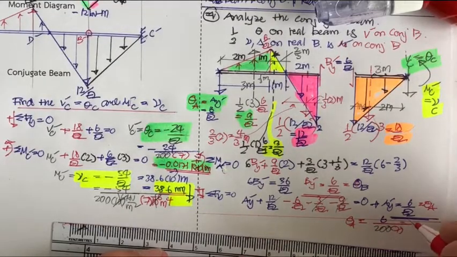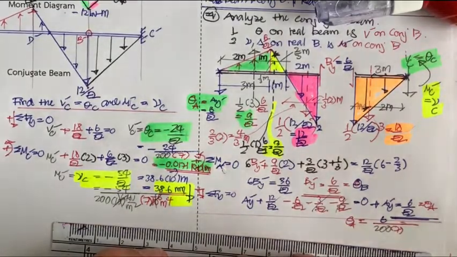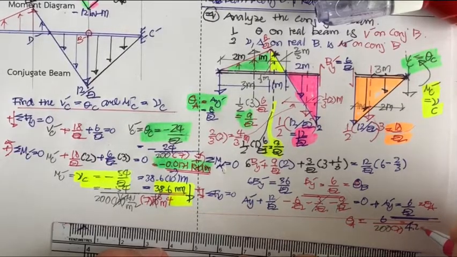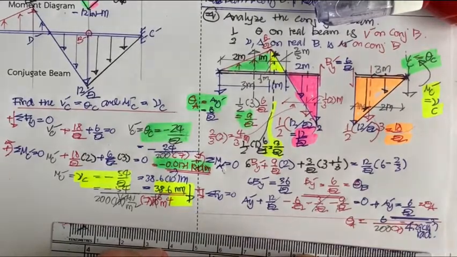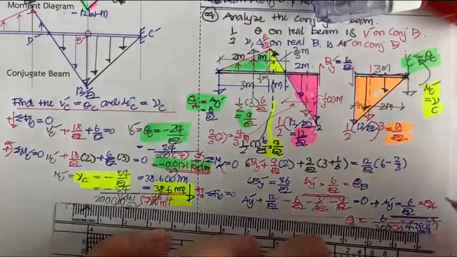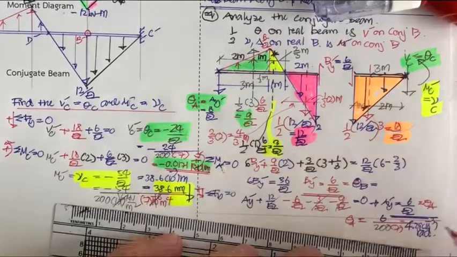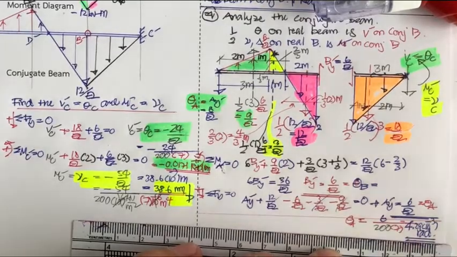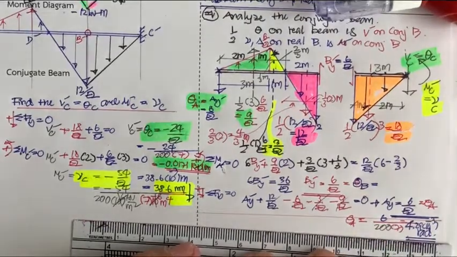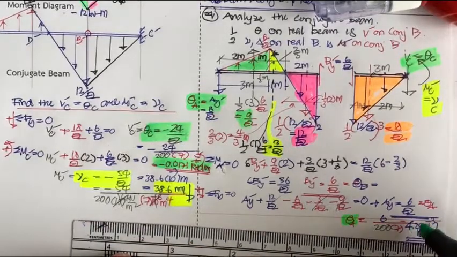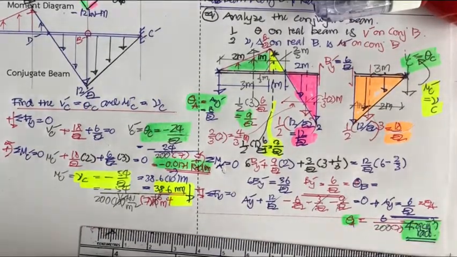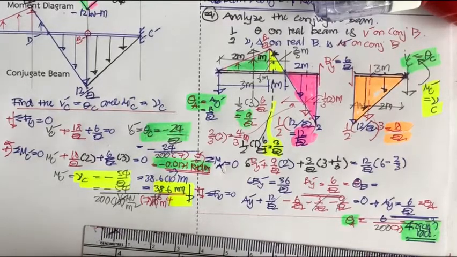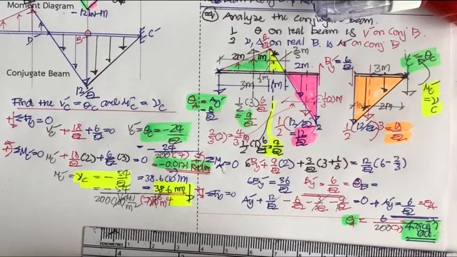So that is going to be 4.29, this is 4.29, 10 minus 3 and radian. Okay, and if you're interested, this one will get the same result as this one, 2.49. And the direction of the zeta A, zeta C, we will determine later when we draw the elastic curve.